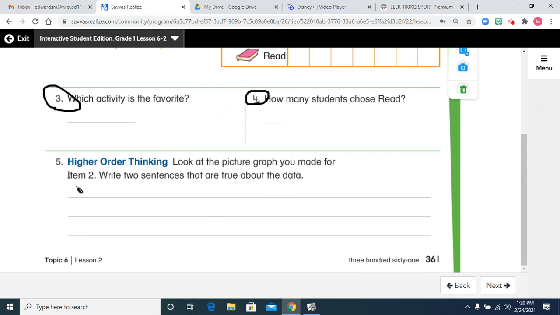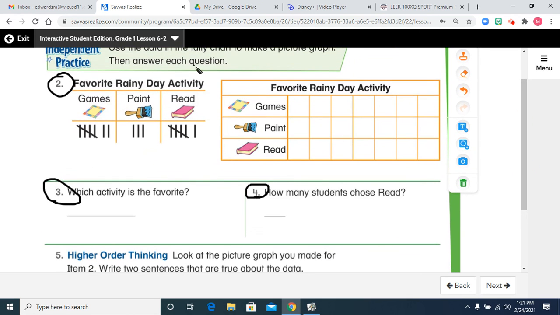If you would like to do the bottom, number 5, you can. It's optional. It's writing sentences. You only need 2 sentences. If you do that, don't forget to capitalize the beginning of your sentence, put a period at the end of your sentence, and make sure it makes sense, please. But you have to do numbers 2, 3, and 4.